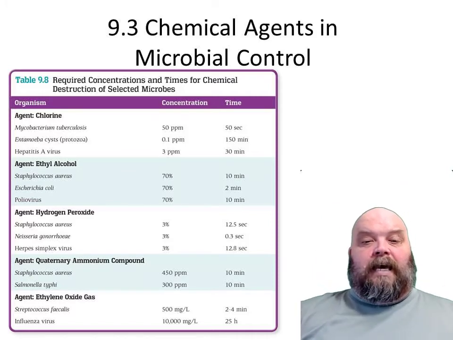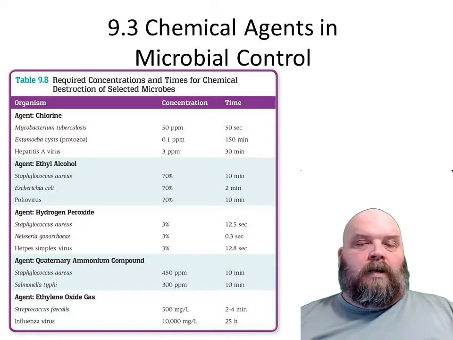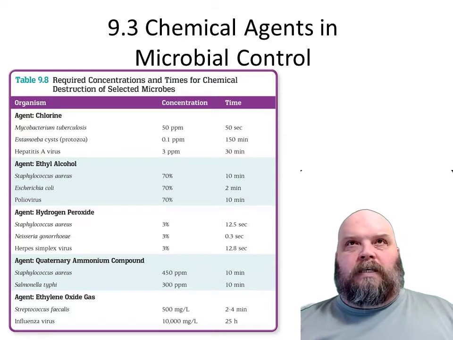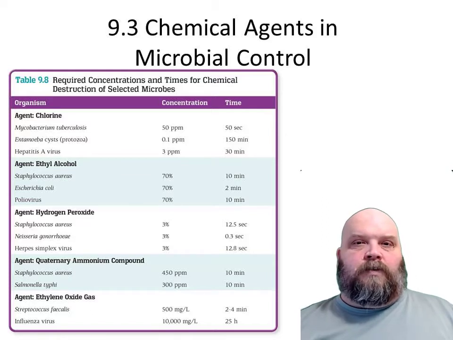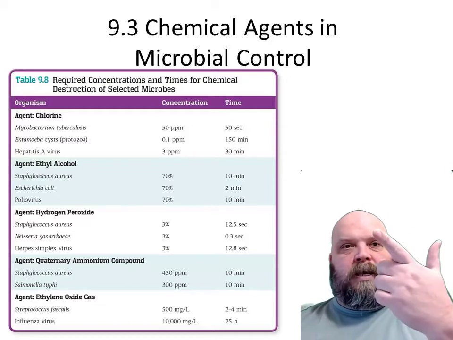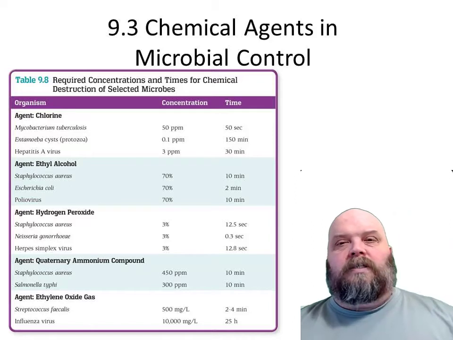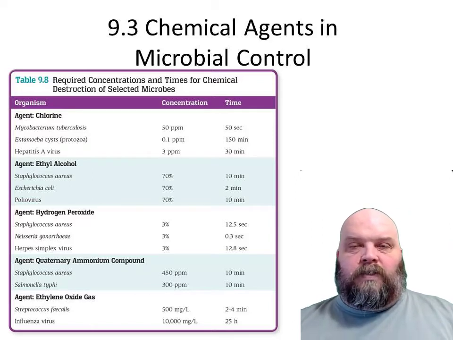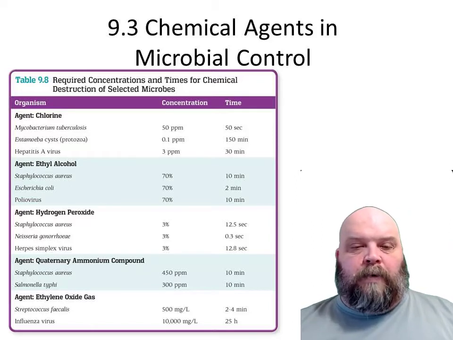Ethylene oxide gas is what they use in clinical settings if they think there's a contamination problem, a surgical room or recovery rooms or in the hospital rooms. There's some sort of a fungus outbreak, an MRSA outbreak, things like that. They'll seal off the rooms and they'll pump in ethylene oxide gas.